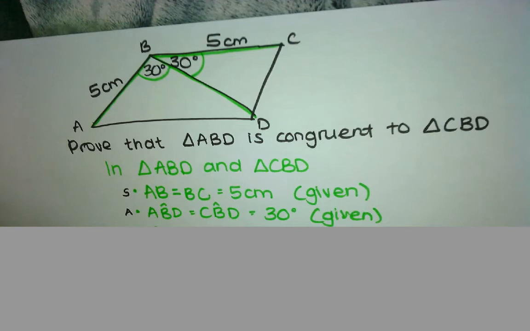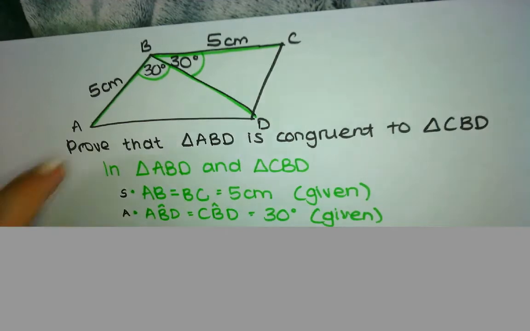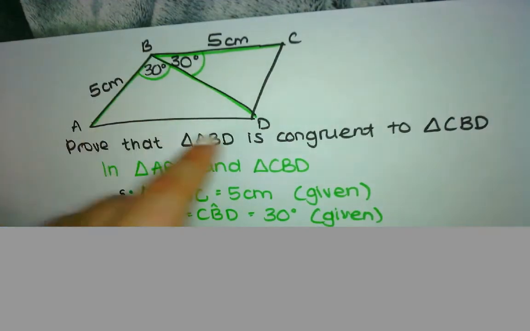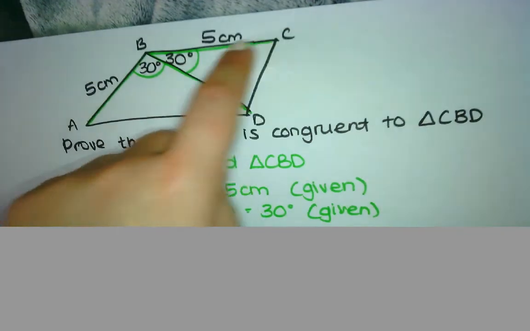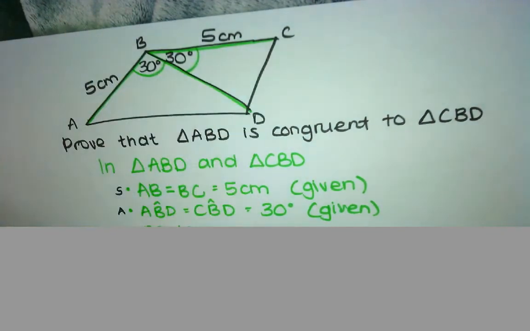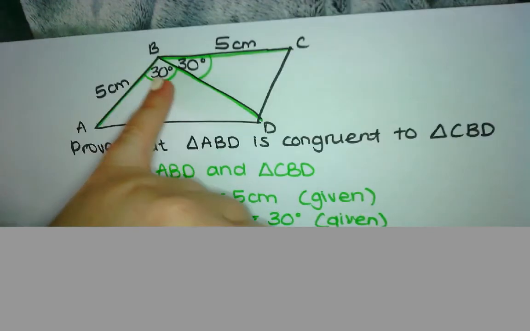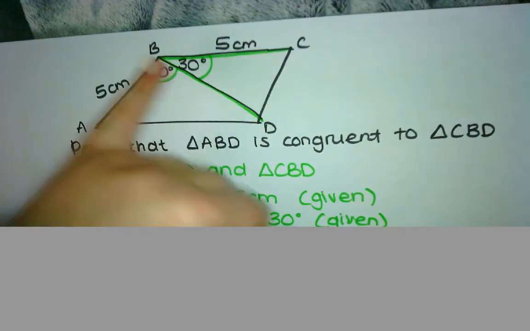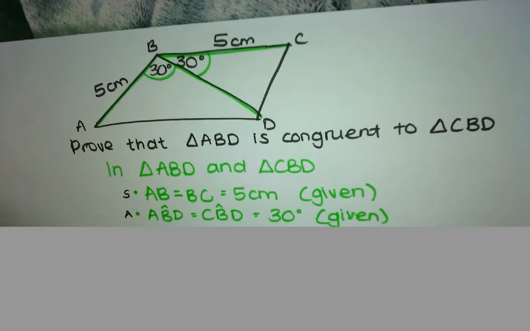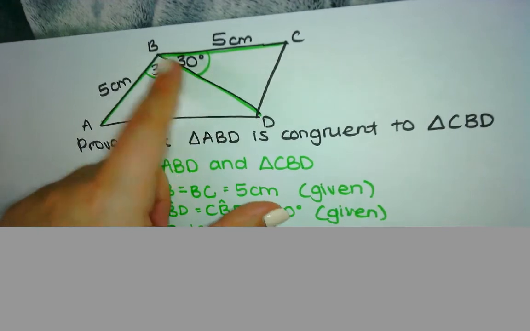Now the last thing is very similar to what we did in the similarity one. It's something that they both share. This triangle here and that triangle there, what do they both share? You should see over there that there's a line common to both of them. They are both sharing the line BD.